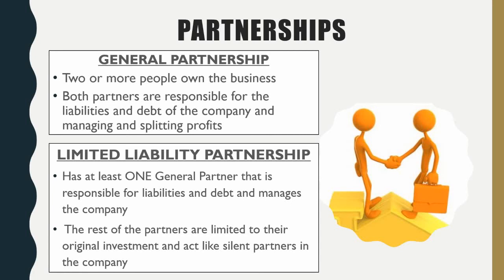So what the general partner does is they're fully responsible for running the business, making sure that all the business activities are going through, and all the proper functions of what a business does are in place for it to run properly. The silent partner typically is a person that usually just invests their money.